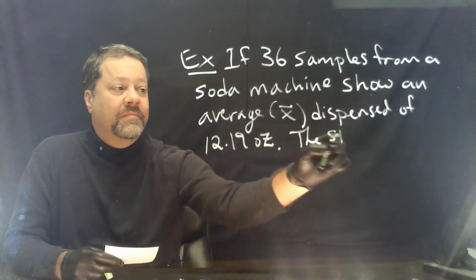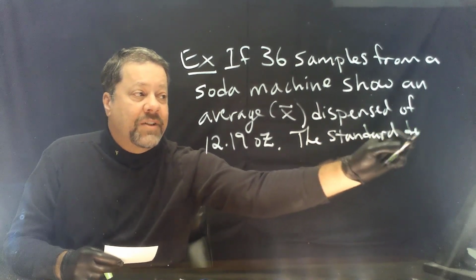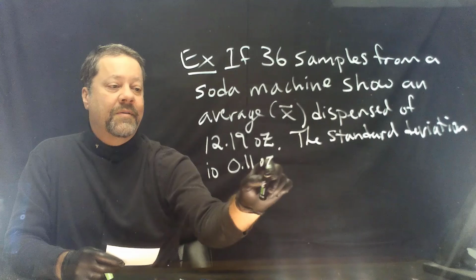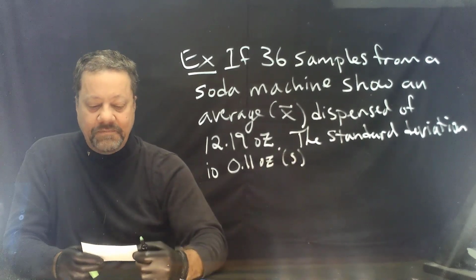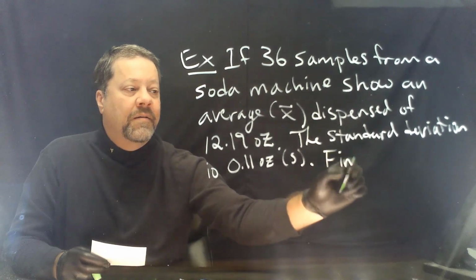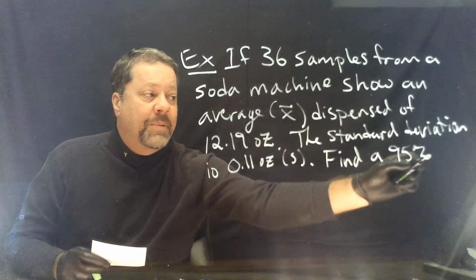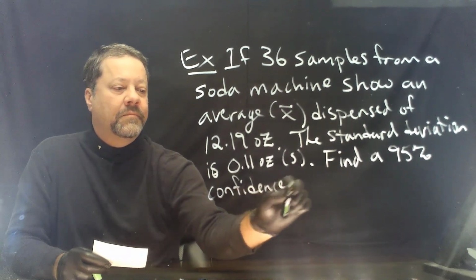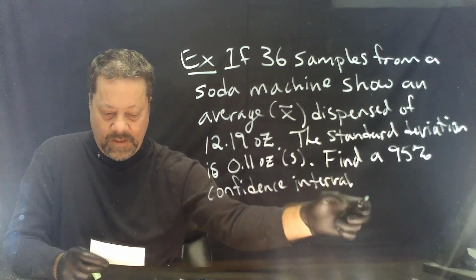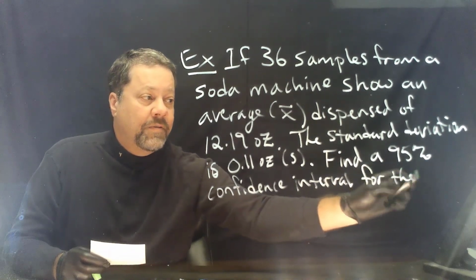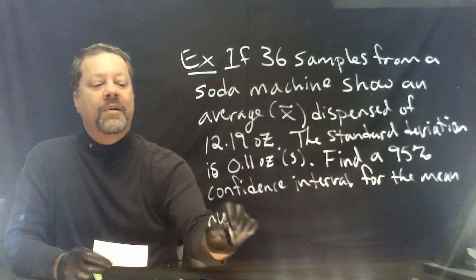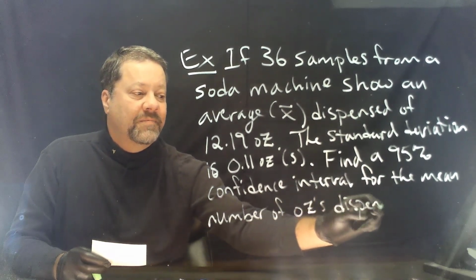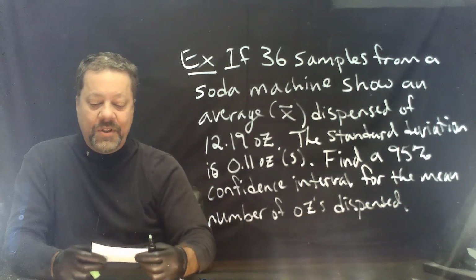The standard deviation is 0.11 ounces. Find a 95% confidence interval for the mean number of ounces dispensed generally when you use this machine.